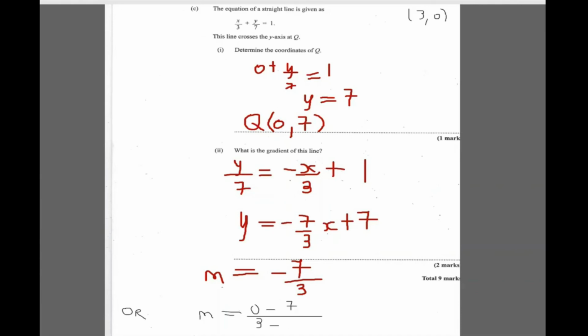When you do that, you see that the gradient is negative 7 over 3. This is just another way you could do it if you didn't want to write it in its standard form. Depends on what you feel like you want to do. It's always up to you.